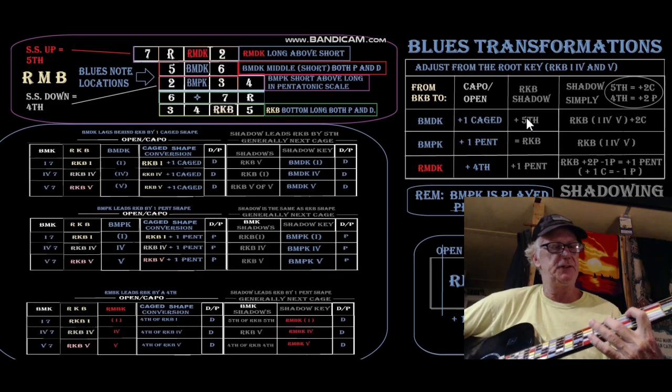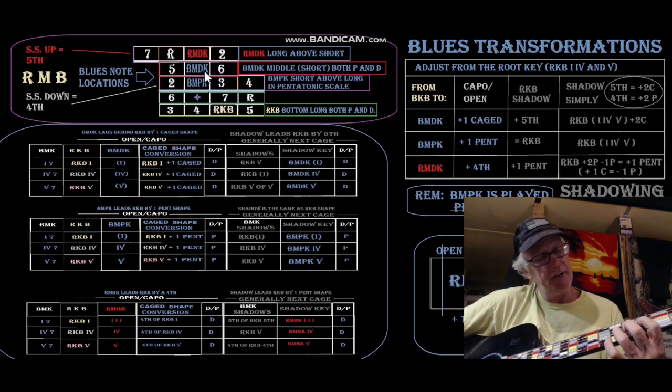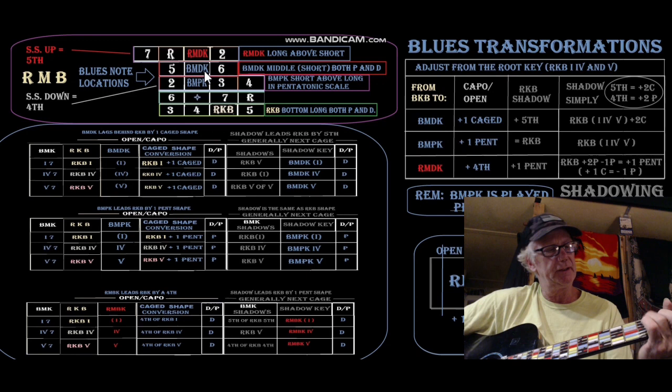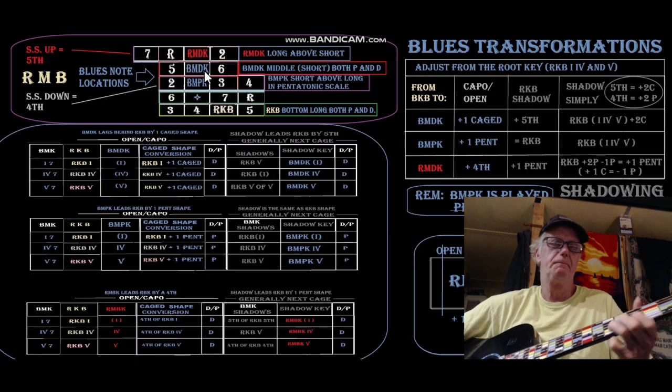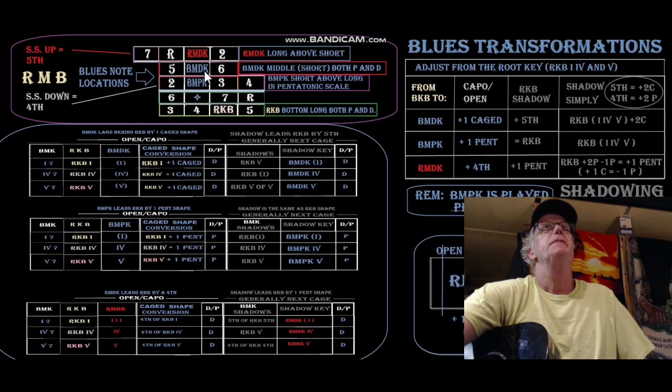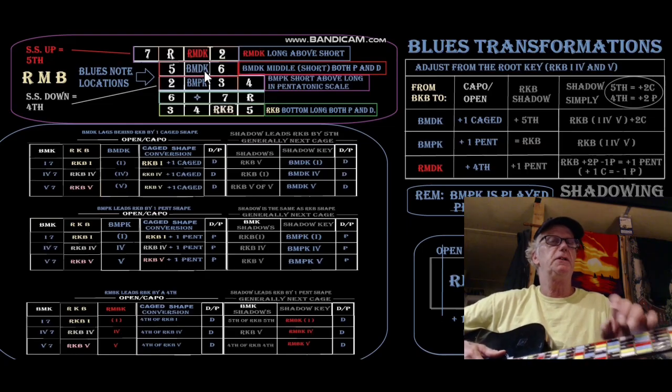Okay, so it's 6, 7 root 2, 3, 4, 5, 6. Magic diatonic is between the 5, 6, so it's like this. Okay, it's important because in diatonic sometimes the longs and the shorts become longs.